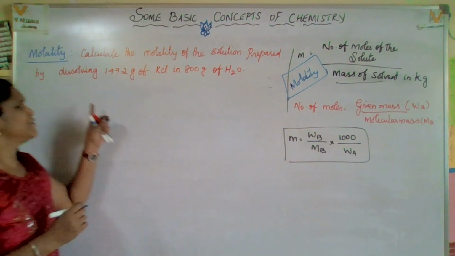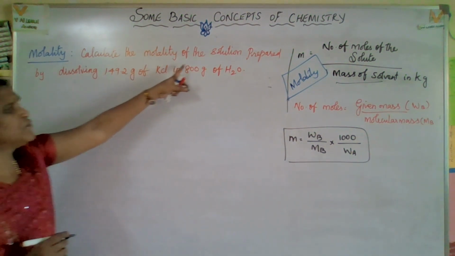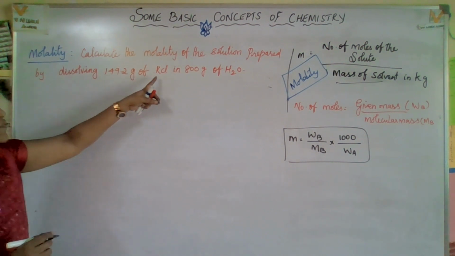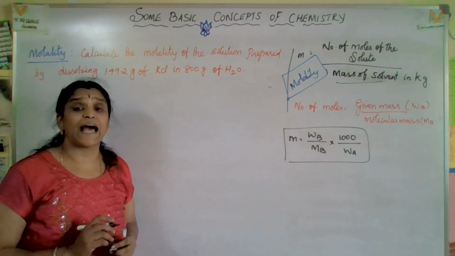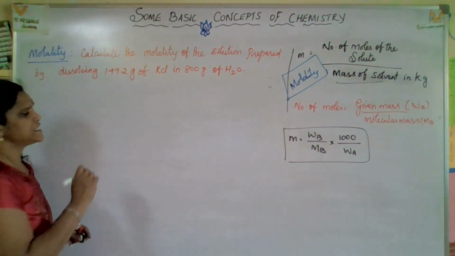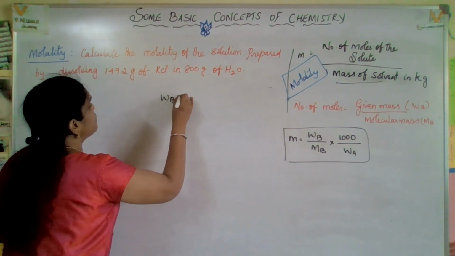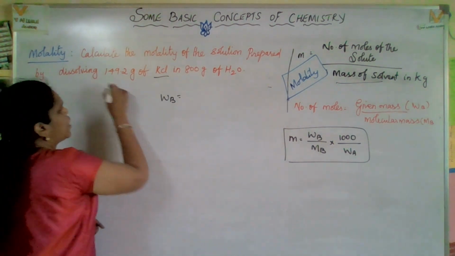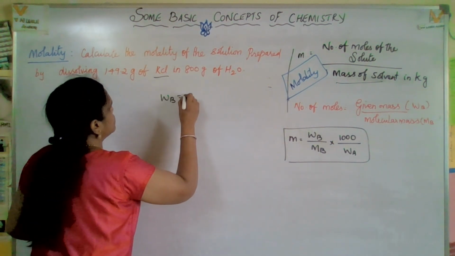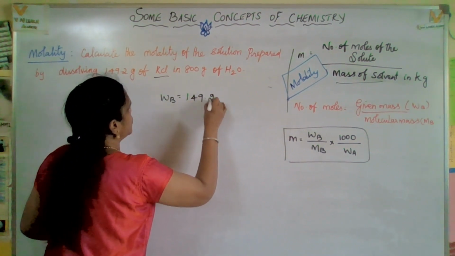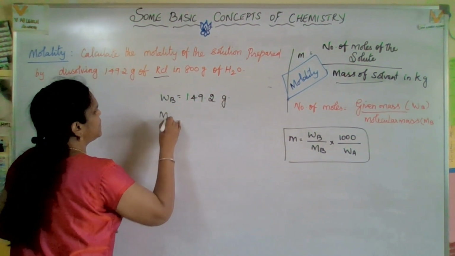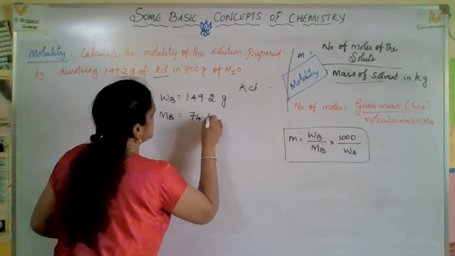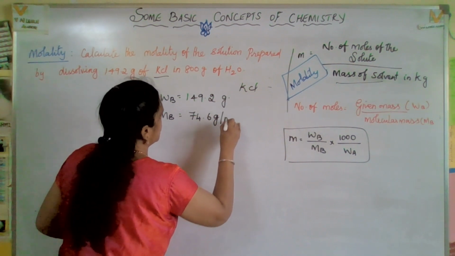Now come on, let us identify the sum. Calculate the molality of the solution prepared by dissolving 149.2 gram of KCl in 200 grams of water. Yes, now let us identify WB, given mass of the solute. KCl only. So here how much have they provided? KCl, 149.2 gram, and MB, molecular mass of KCl, is 74.6 gram per mole.